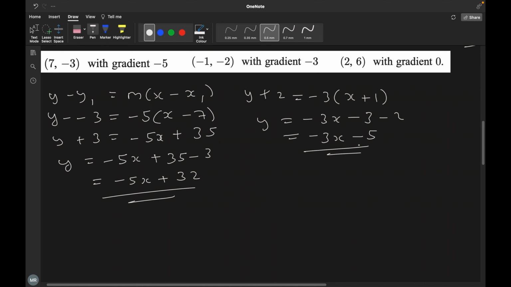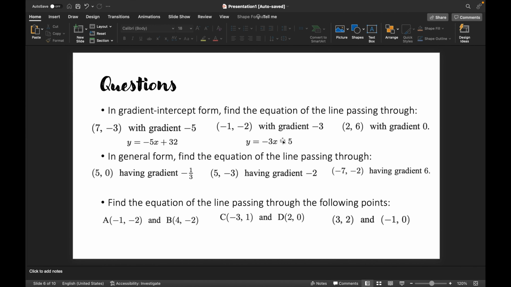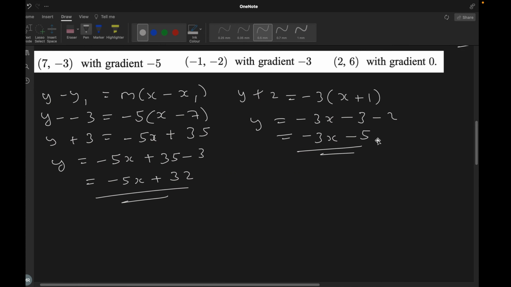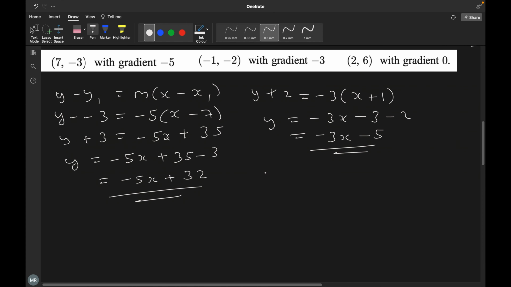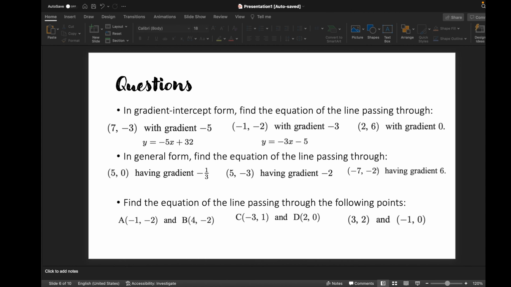So this is our answer. Let's see if, yeah, so it's negative 3x, negative 5. Let's solve the last one. So this is our answer.